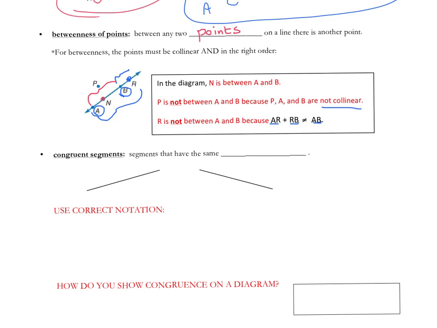For R to be between A and B, the picture would need to look like this. So if R was really between A and B, the equation would need to say AR plus RB equals AB, and the picture would have to look like that.